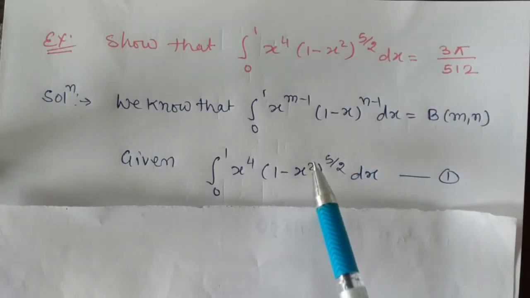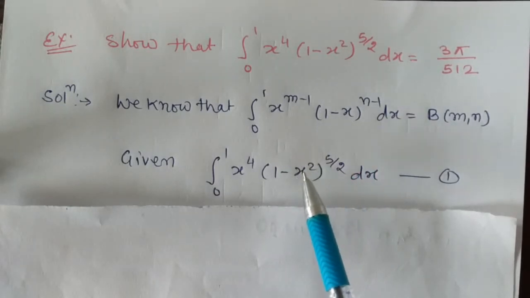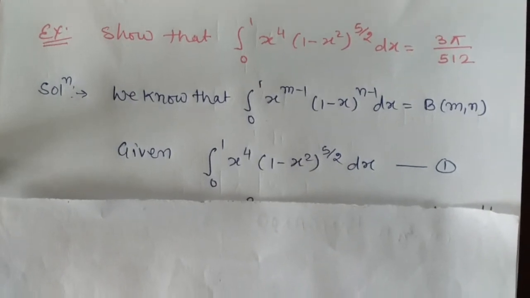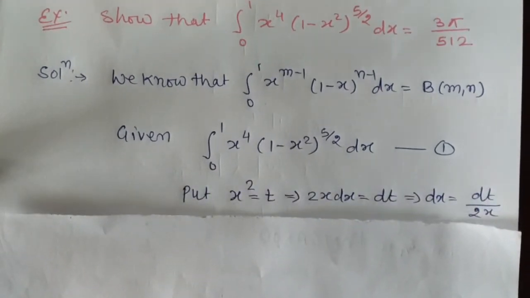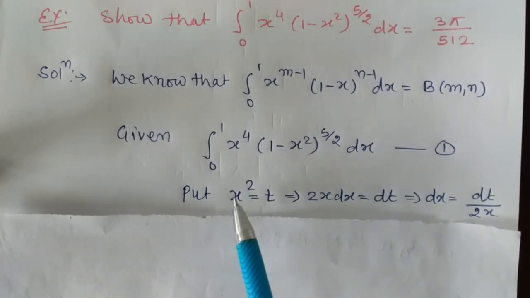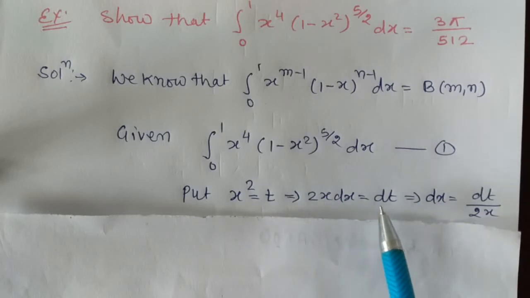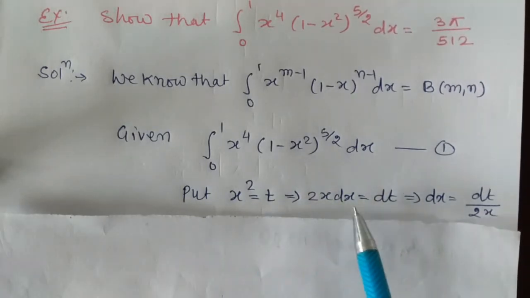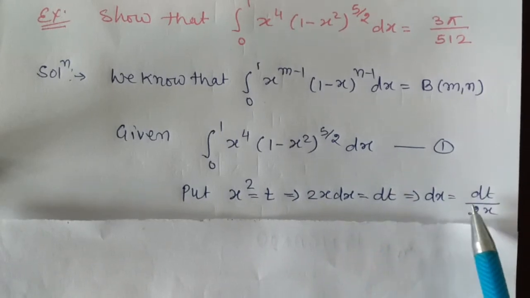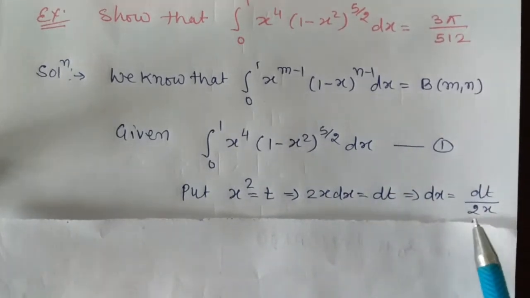So first we reduce this square term to a linear term, and therefore we take a substitution: put x square equal to t, which gives 2x dx equal to dt by differentiation, and further leads to dx equal to dt by 2x.